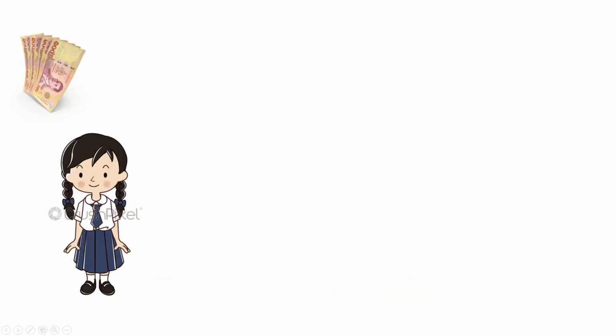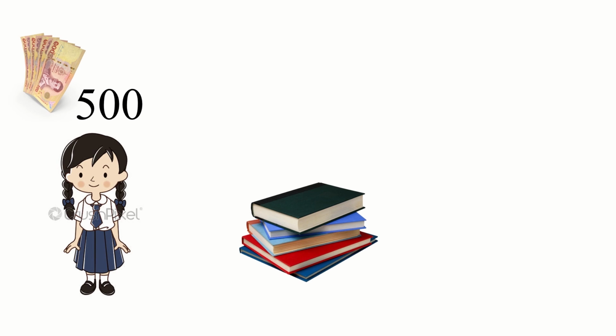Now, how do you apply negative numbers? Imagine this is you or a student, and she wishes to buy some books, and she has about 500 baht with her, and the book costs about 1,000 baht. So 500 minus 1,000, her money is not enough, isn't it?